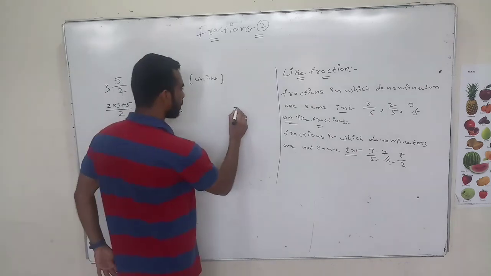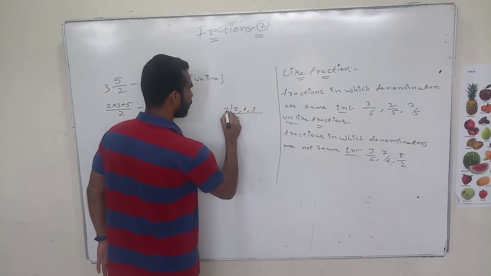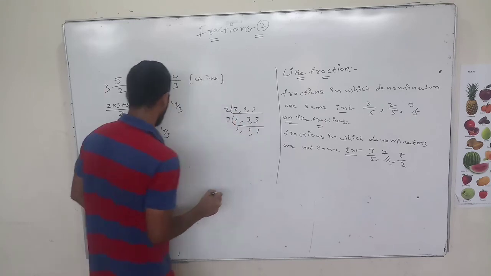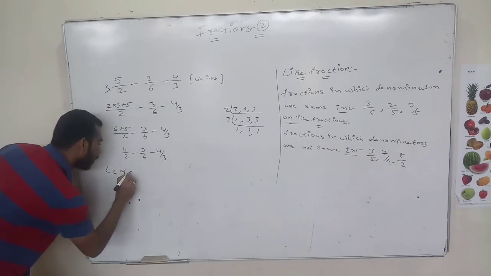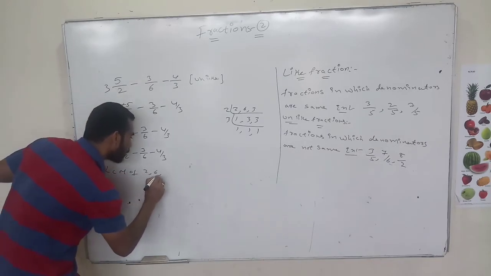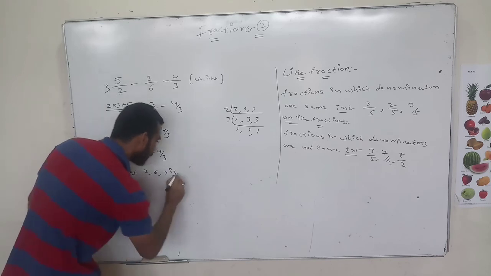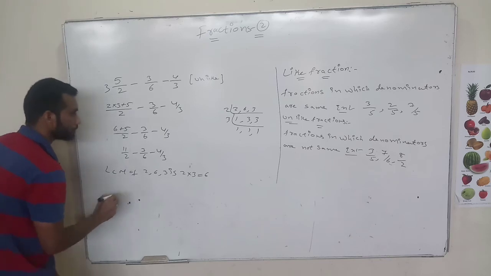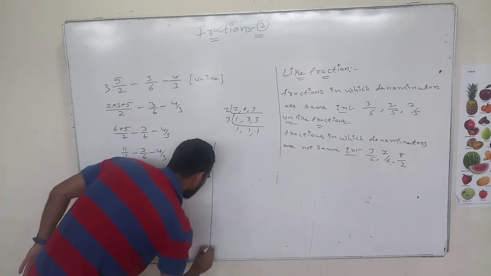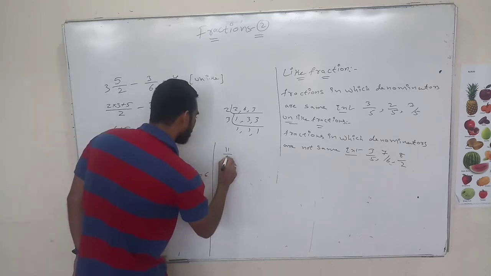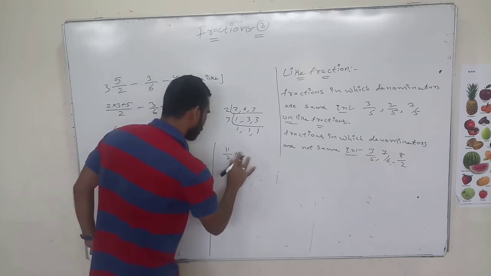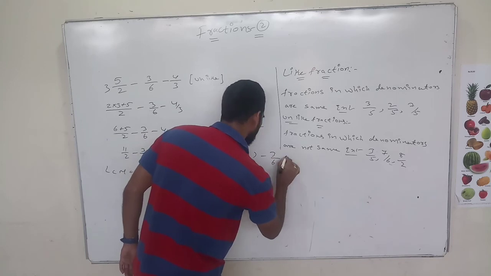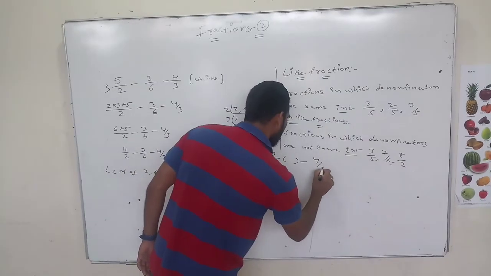Take the LCM of the denominator 2, 6, 3. 2 1s are 2, 3 as it is. 3 1s are 1. LCM of 2, 6, 3 is 2 into 3, that is 6. Now 11 by 2 minus 3 by 6 minus 4 by 3.